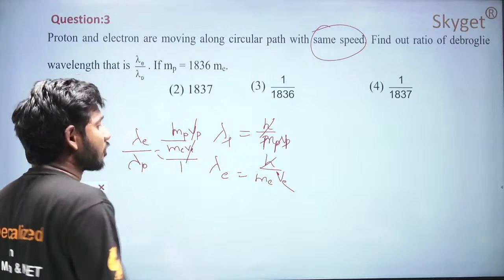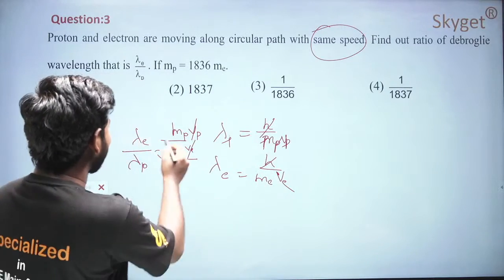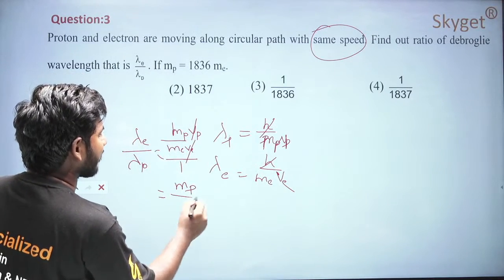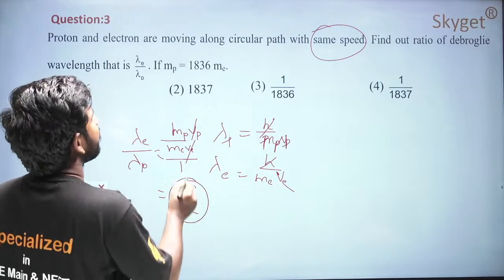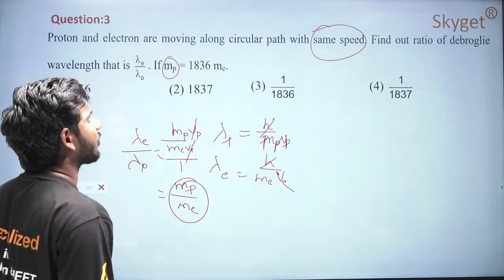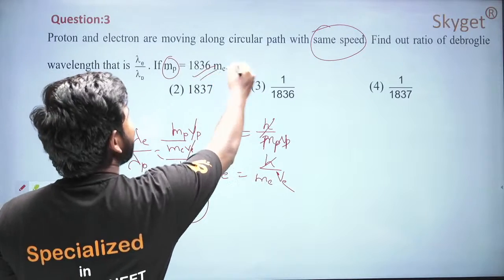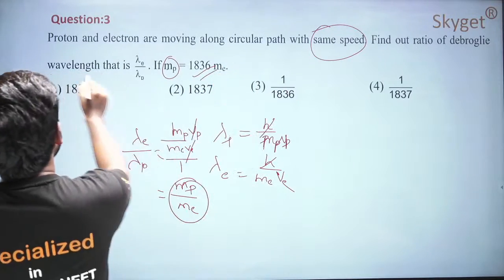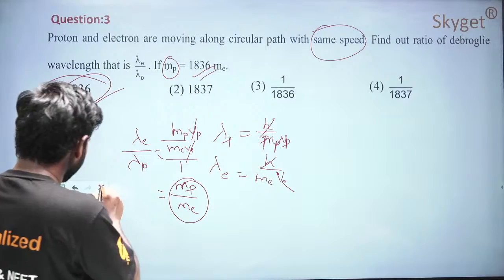But he told the speeds are also the same. So the ratio will be mass of the proton by mass of the electron. We know mass of a proton by mass of an electron is 1836, that is given in the question. So the answer will be 1836, students.